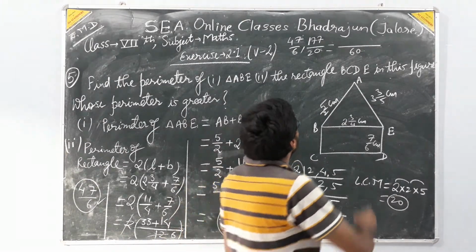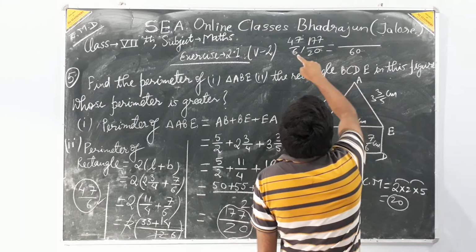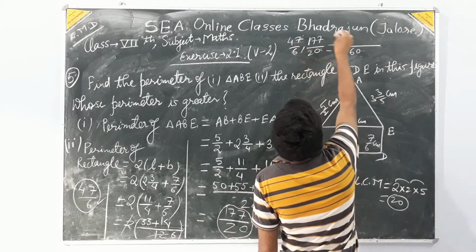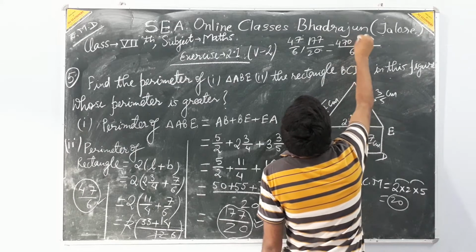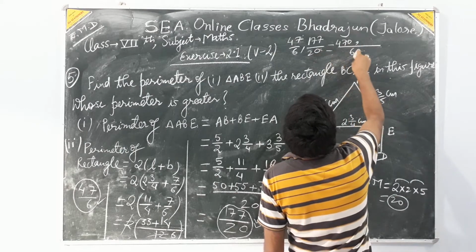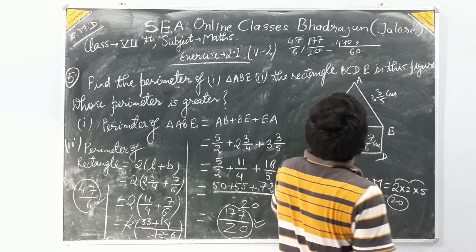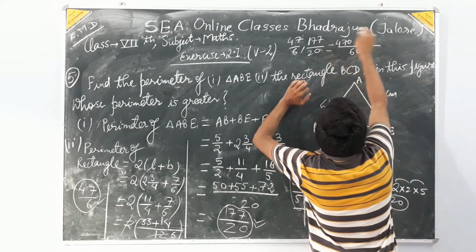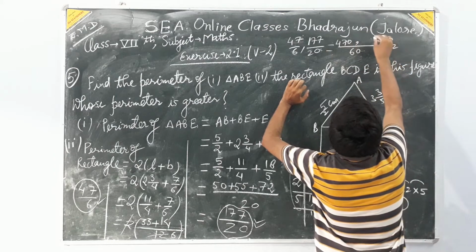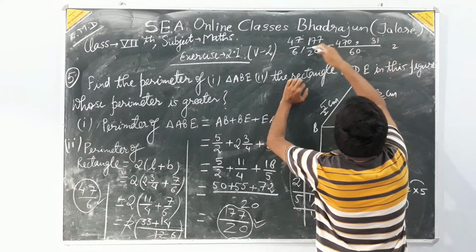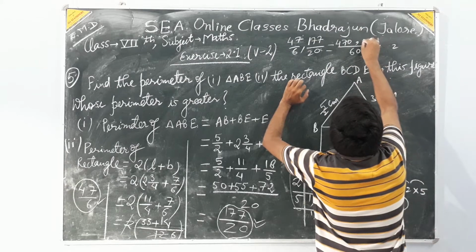When 60 is divided by 6, we get 10, multiplied with 47 is 470. For 60 divided by 20, we get 3, multiplied by 177 is 531.